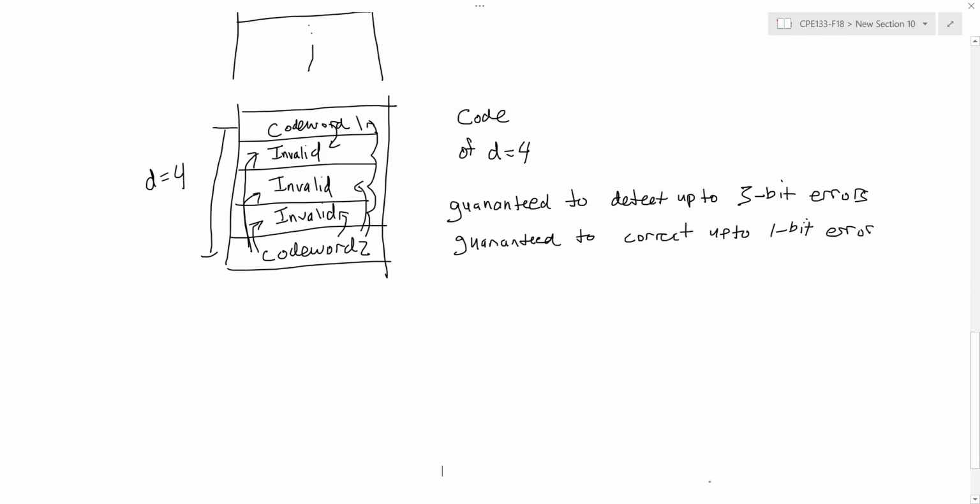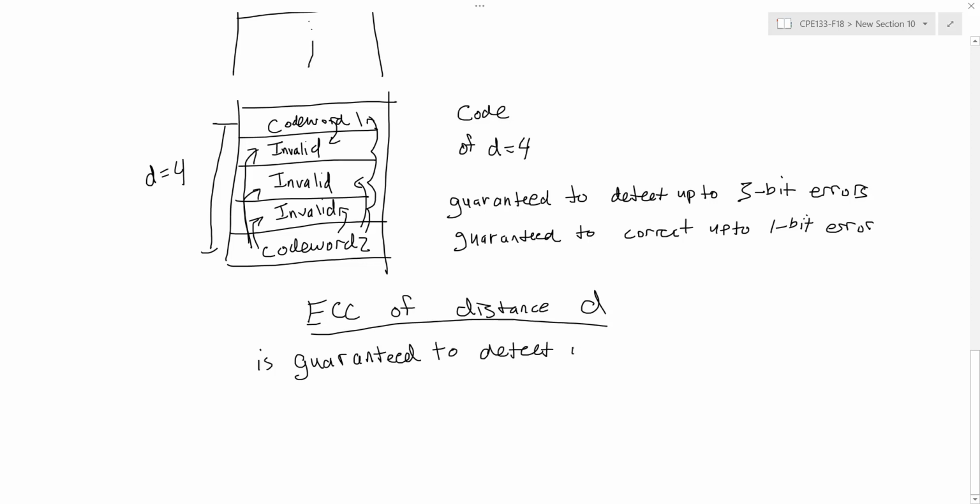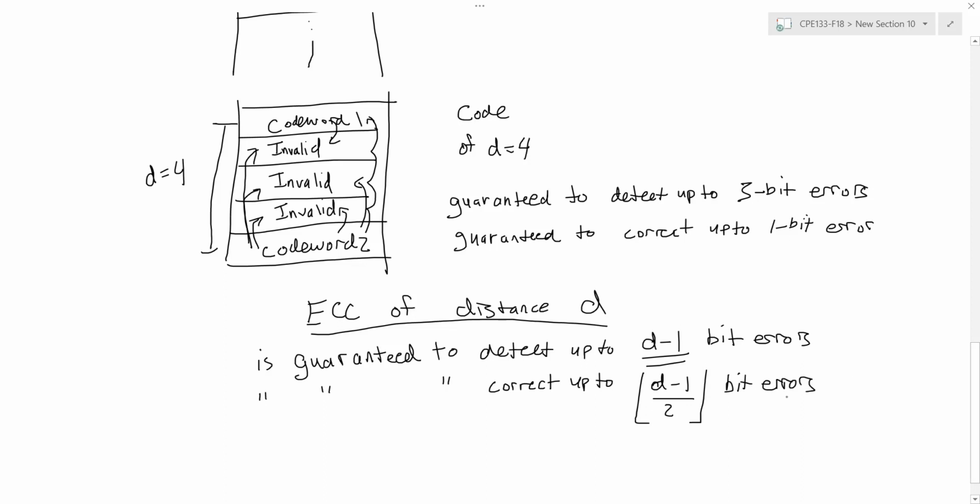Okay, now with this in mind, the theory of error correcting code says that an error correcting code of distance d is guaranteed to detect up to d-1 bit errors and is guaranteed to correct up to floor of (d-1)/2 bit errors.